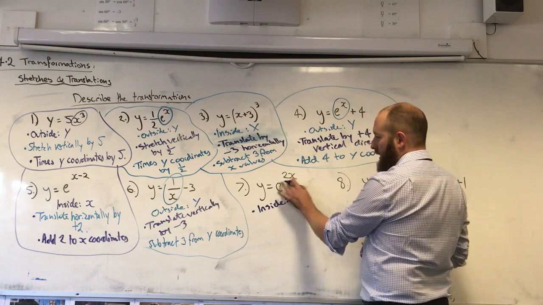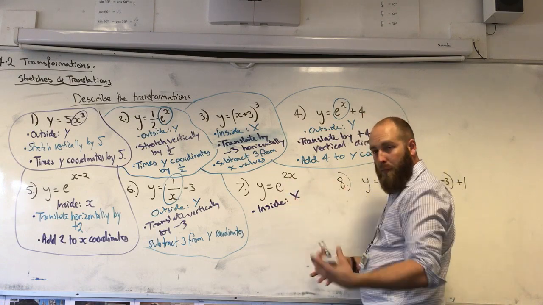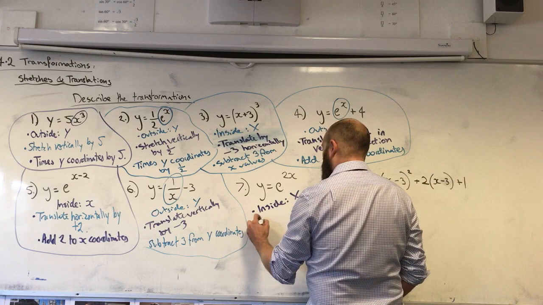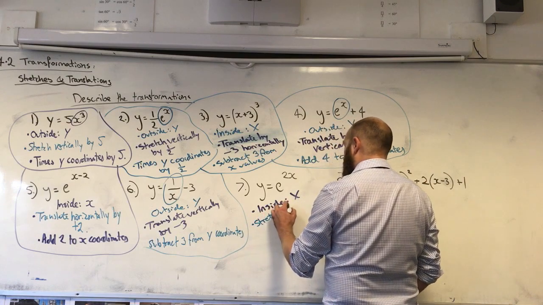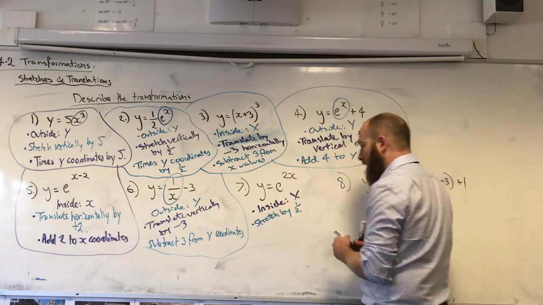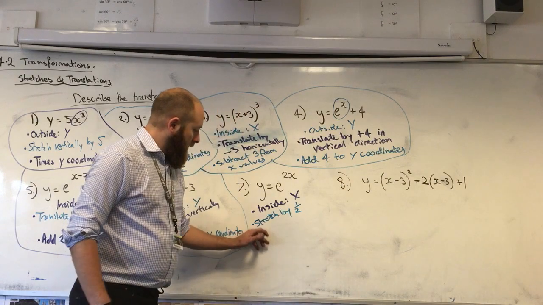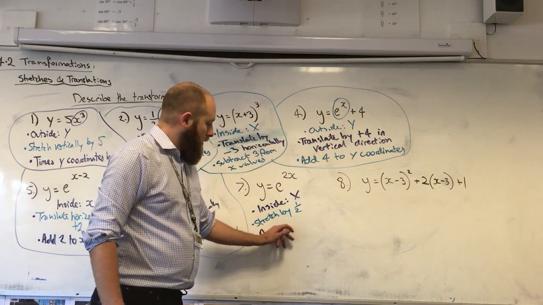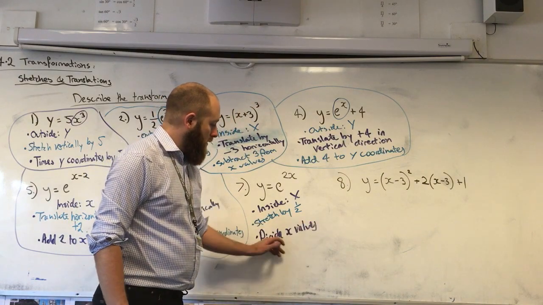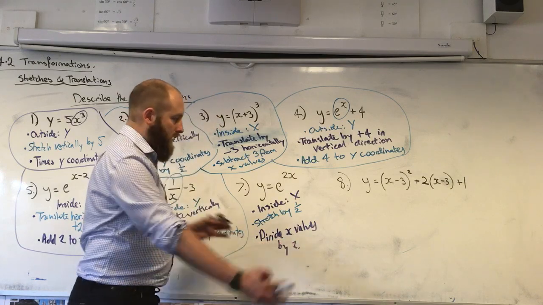So it's going to be a stretch. It says times by 2. It's inside, so it's going to be the opposite. So stretch by a half, which in other words means divide x values by 2. So it's actually being squashed.